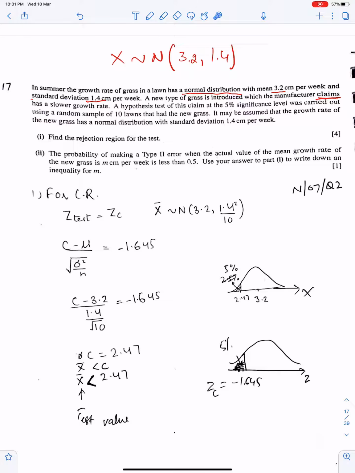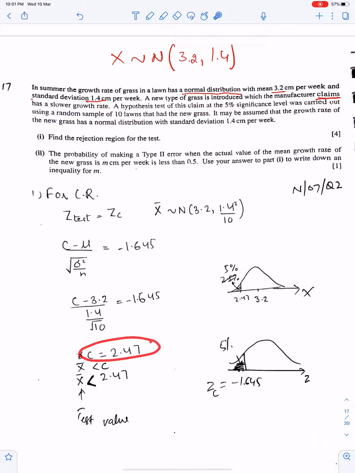So let me repeat this question. This information was given, and it says a hypothesis test of this claim at 5% was carried out. Find the rejection region for the test. So whenever it says find the critical region or rejection region, you just need to equate Z test to Z critical, get the value of C, this is the boundary of the critical region.